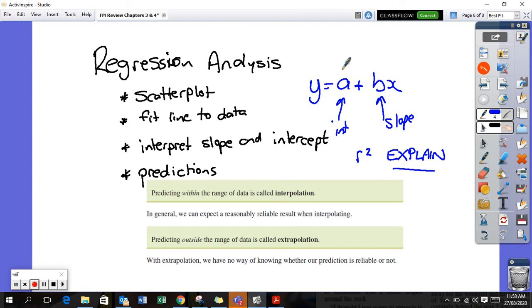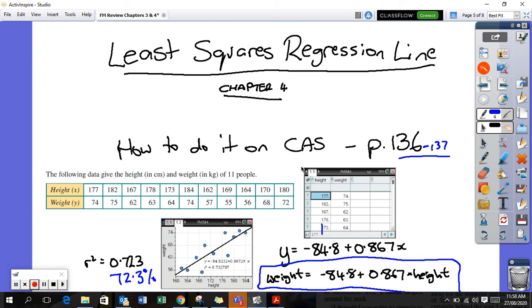So we can use our line, put a value in for x and get a value for y, and that's an average prediction. If we're predicting within the range, let's go back and see what that means. The range of x values goes from 162 up to 184.